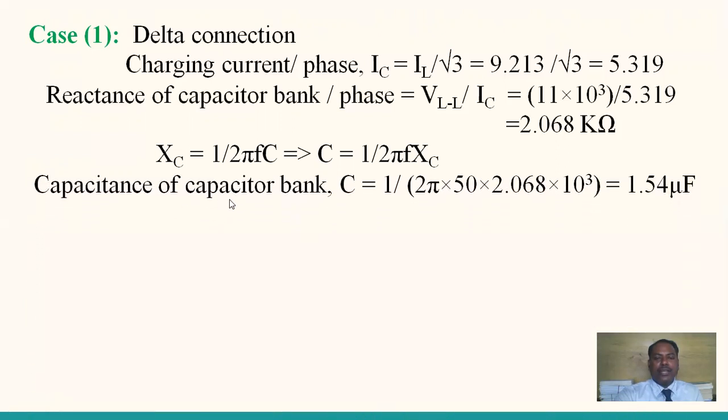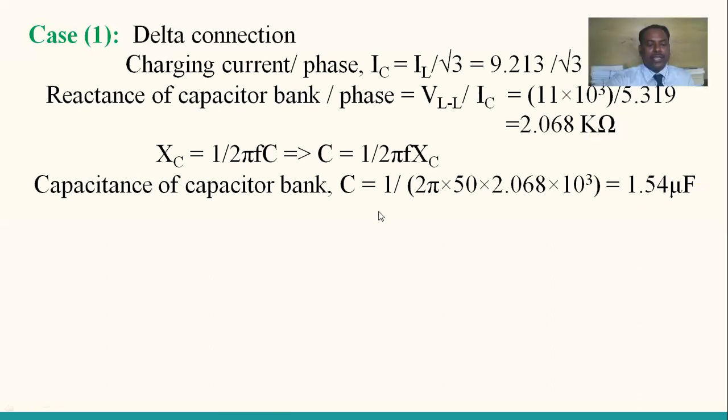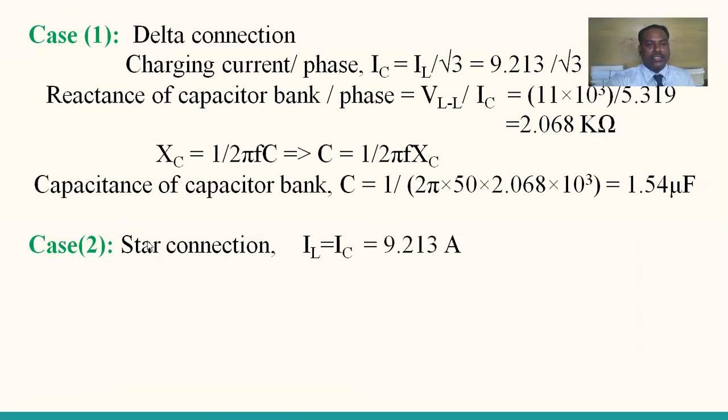Capacitance of the capacitor bank C is equal to 1 by 2 pi into F is 50 and XC is the reactance, 2.068 into 10 cube, which is equal to 1.54 microfarads, the capacitance of the capacitor bank when connected in delta.